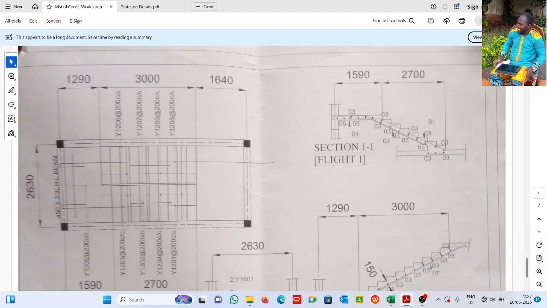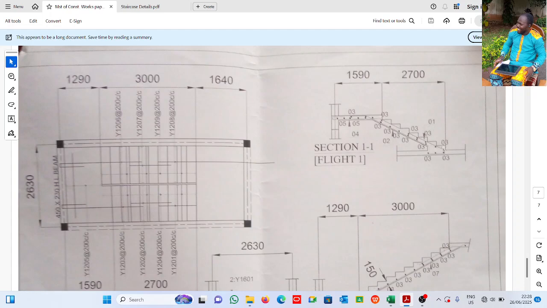Now see the threads: 1, 2, 3, 4, 5, 6, 7. Let us count the risers. See this thread, one riser: 1, 2, 3, 4, 5, 6, 7, and another, 8.